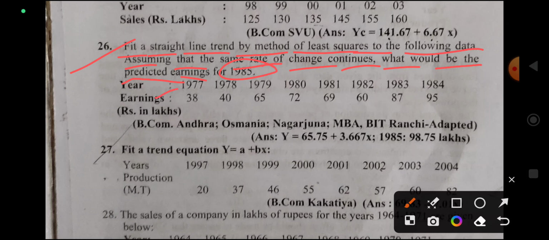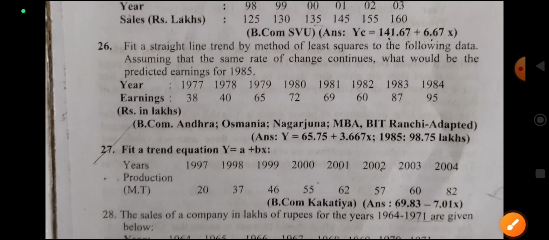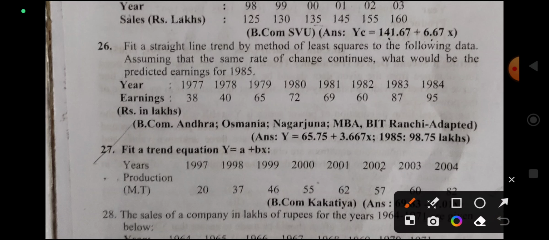See, the years are 1977, 1978, 1979, 1980, 1981, 1982, 1983, 1984. Till here he gave, and he is asking for 1985 in the future.